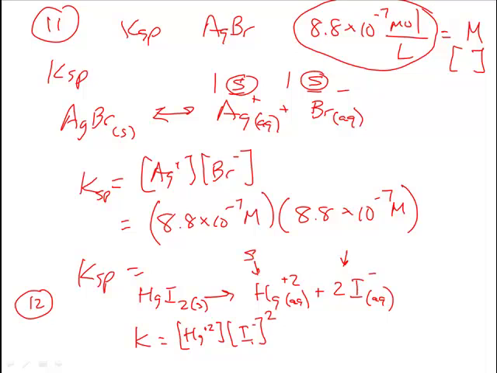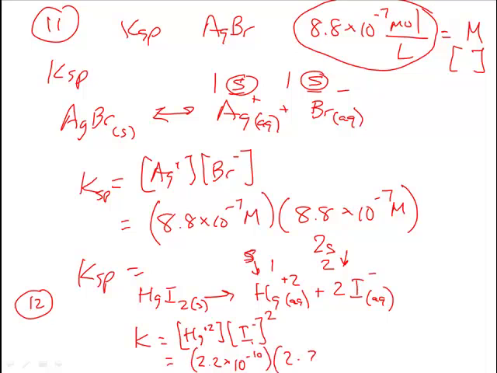The problem is, if this is S, this one has what ratio? What's the ratio between the Hg and the I? 1 to 2. So if this one is S, what's this one have to be? 2S. So then you just plug in the value for S, which is 2.2 times 10 to the negative 10th. That's for this one.